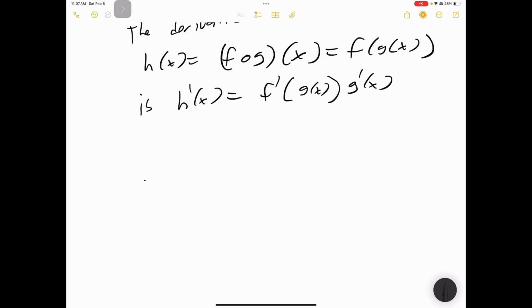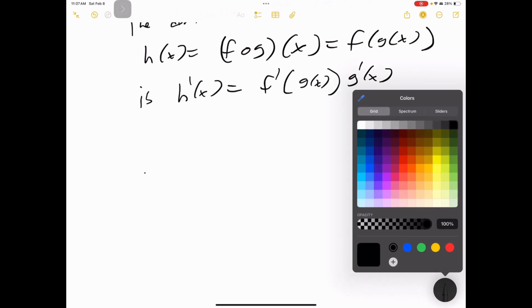And we learned a couple different ways of notating the derivative, so let's do an alternative definition for the derivative.